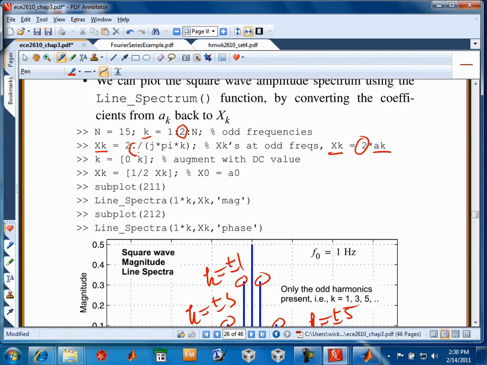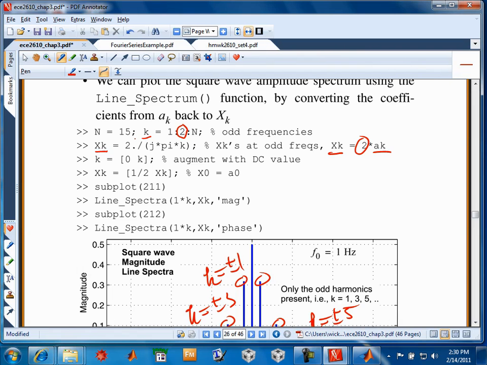Notice this dot in here, just as a review, why is that in there? I want to do a pointwise division, and k is a vector, so I needed to make sure I did a point-by-point divide by the elements of k. Some of you were getting zapped by something like that in the lab on Friday.